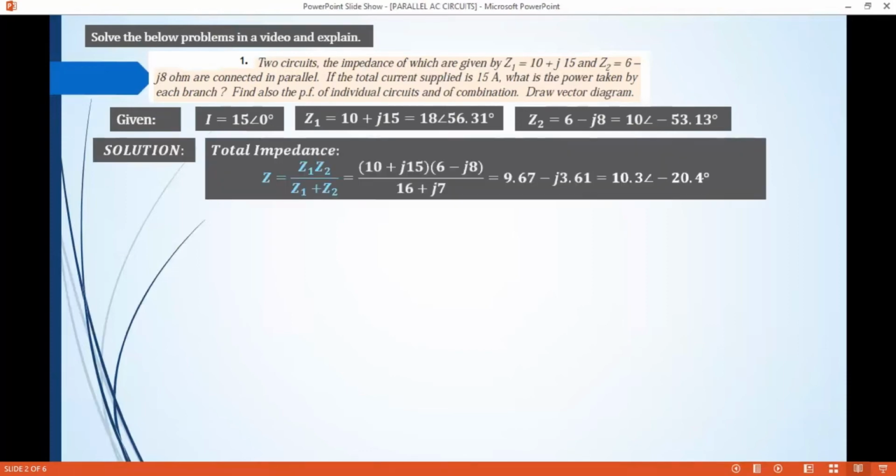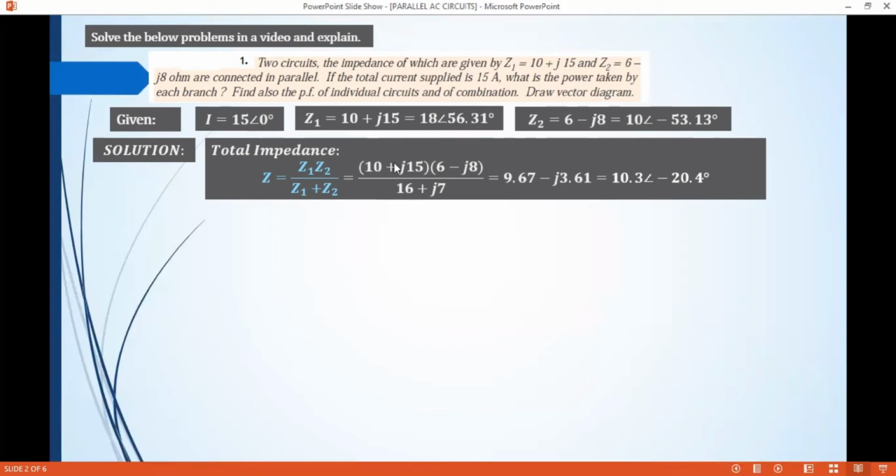So the solution. First thing to do is solve for the total impedance. The formula for the total impedance is Z is equal to Z1 times Z2 all over Z1 plus Z2. Since we already have the values, this is the Z1, 18 angle 56.31.